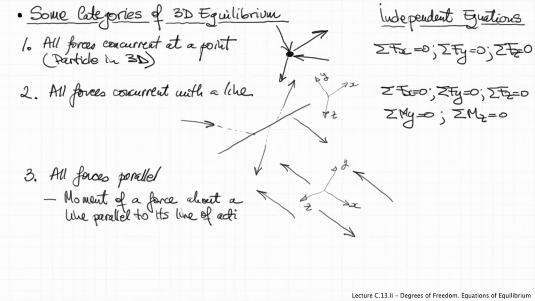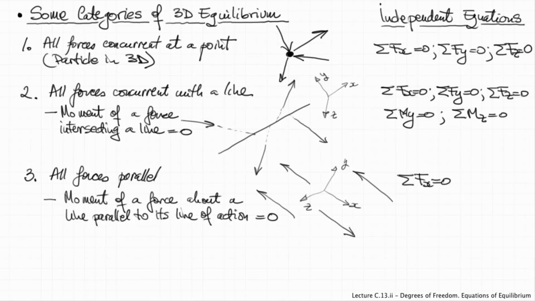These forces are also perpendicular to the y and z axes, so they cannot translate along these axes. So again, this is something that you should remember: the moment of a force that is either parallel to or intersects an axis is 0. So in this case, we write summation of Fx equals 0 only, because these forces cannot produce translation along y and z, and summation of moments around y and around z must be 0, and that's it, because these forces cannot rotate around the x-axis.